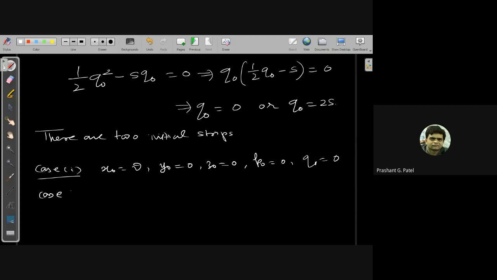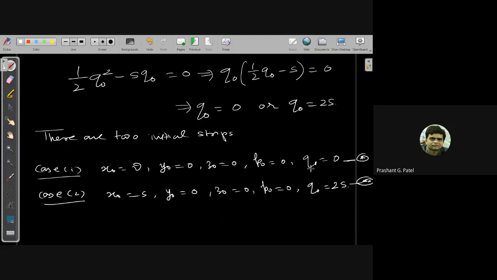And case number 2 is x0 is s, y0 0, z0 0, p0 0, q0 is 2s. Okay, I will call these star and double star. So we'll have to solve. Now this is over for step number 1.